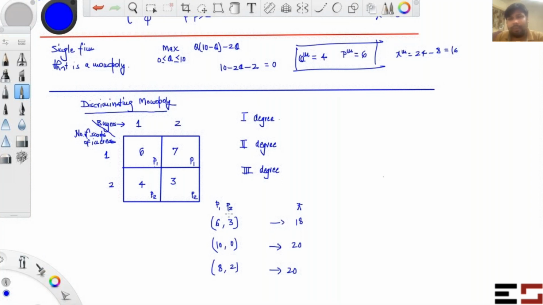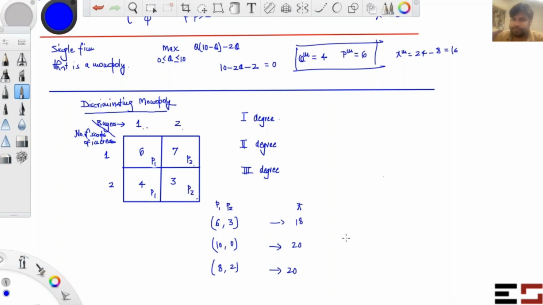Okay, now let's talk about third degree discrimination. So in third degree, you cannot discriminate across units, but you can discriminate across consumers. What that means is you can charge a different price from consumer 1 and a different price from consumer 2. So P1, again, this is a simple problem and you can easily do it.